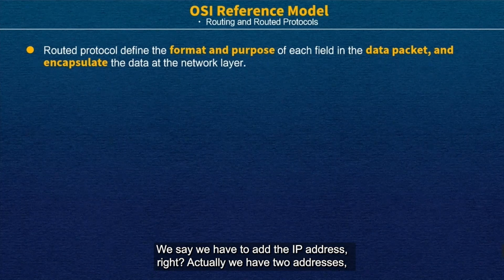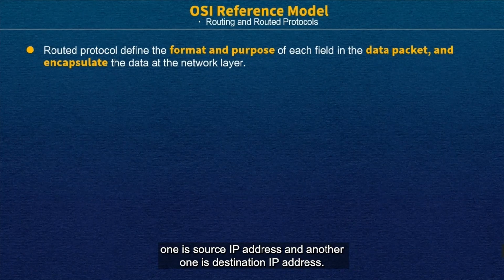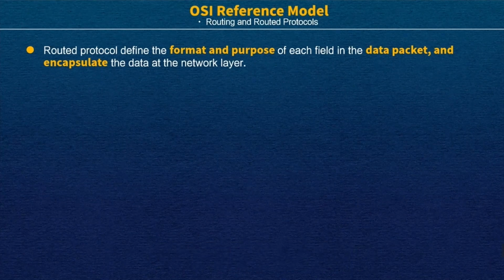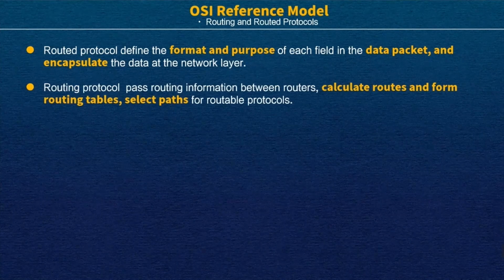We say we have to add the IP address, right? Actually, we have two addresses. One is the source IP address and another one is the destination IP address. Why do we need this information? That's because the routed protocol defines the format.